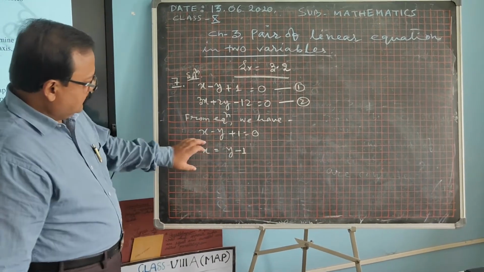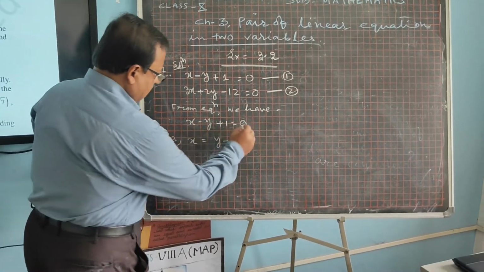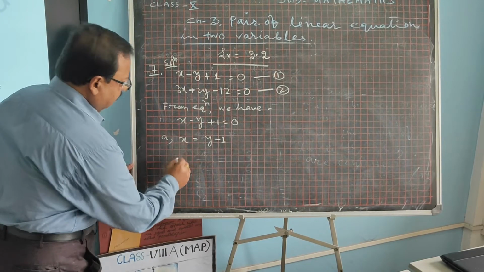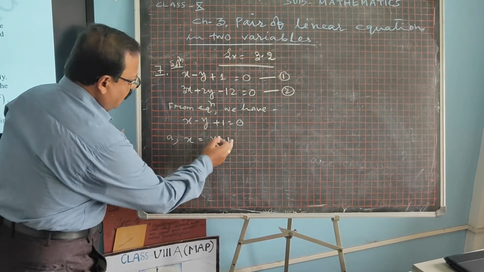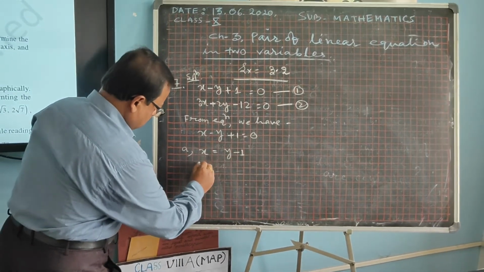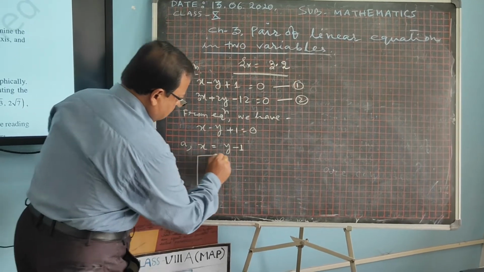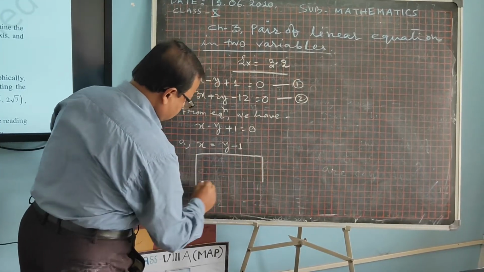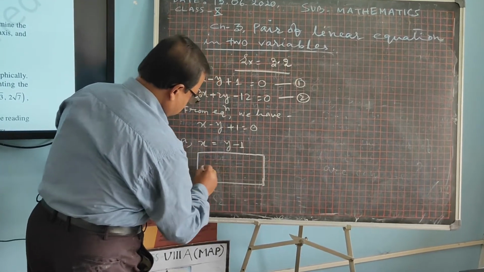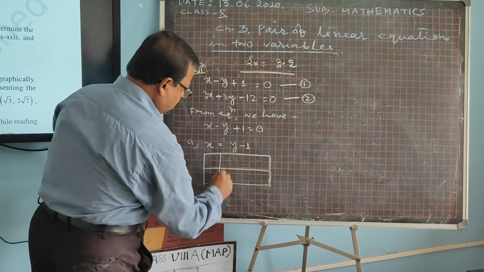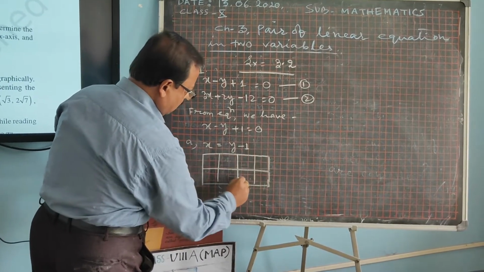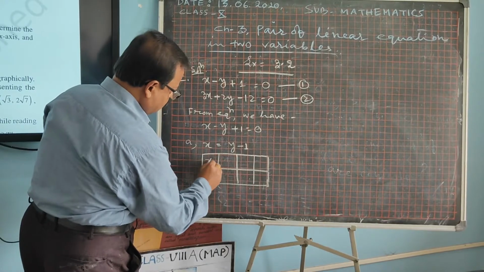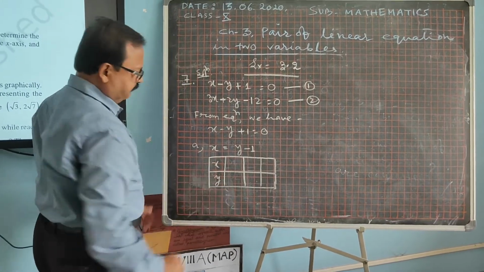Transposing the sign, you find either x or y. Then you can find the values of the points x and y. Listen, at least find 3 values or 3 points, minimum.